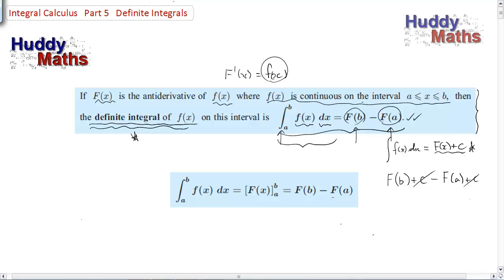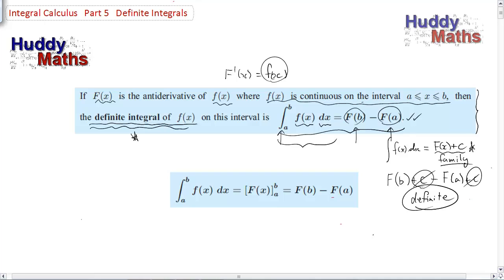And it's not definite, is it? It's a whole family. But when we evaluate it across an interval, the c's cancel out, and so it becomes a definite integral. So that's a little bit of background there for that name. It's still the fundamental theorem of calculus, though.